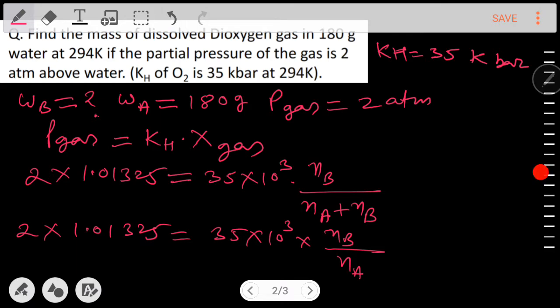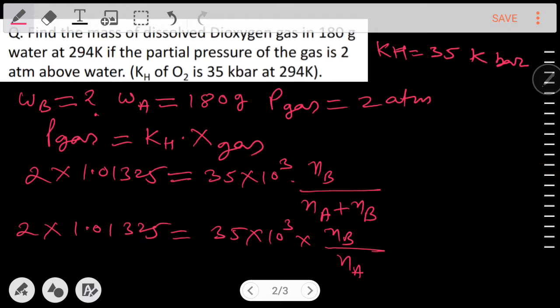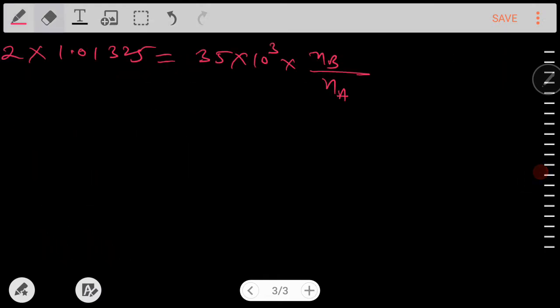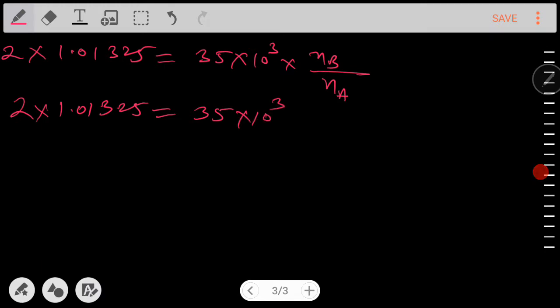Now convert the number of moles into masses. You know that N equals W by M. So it will become 2 into 1.01325 equals 35 into 10 to the power 3 into NB becomes WB by MB, and NA becomes WA by MA.